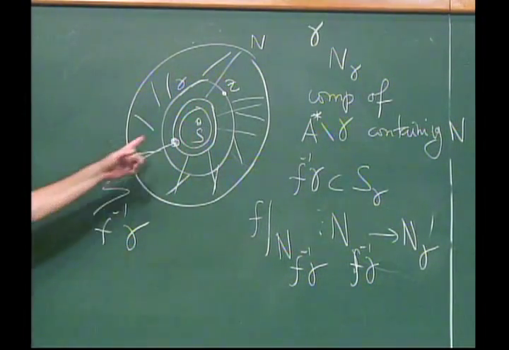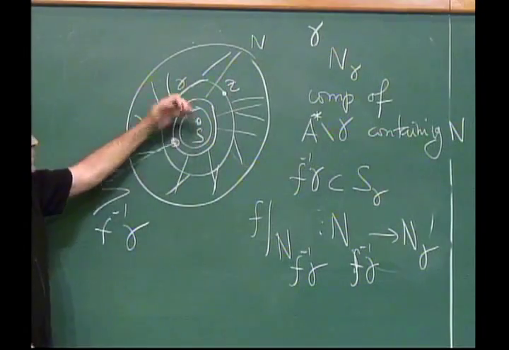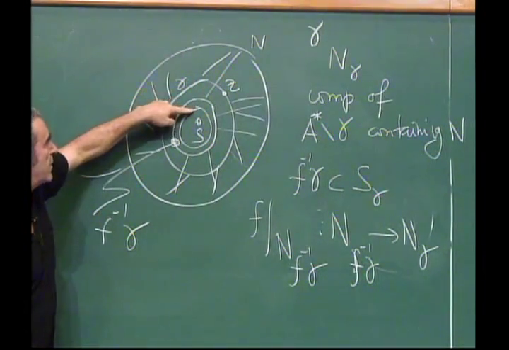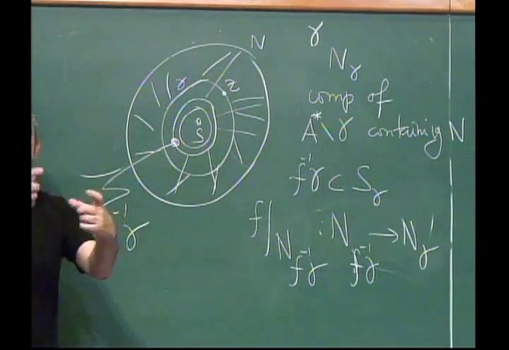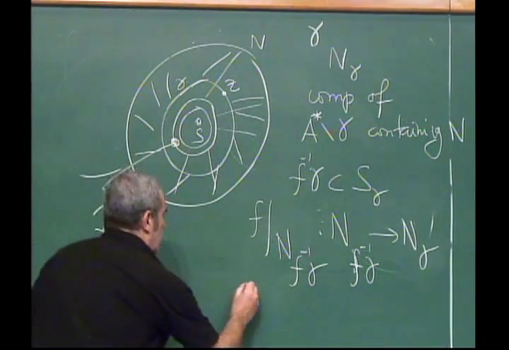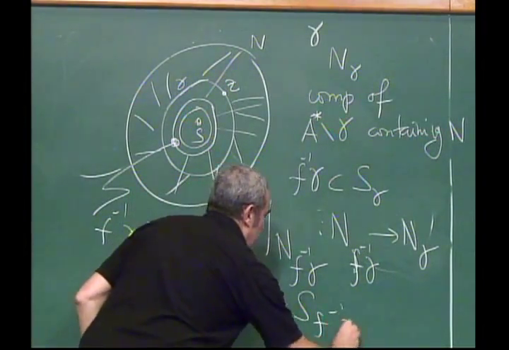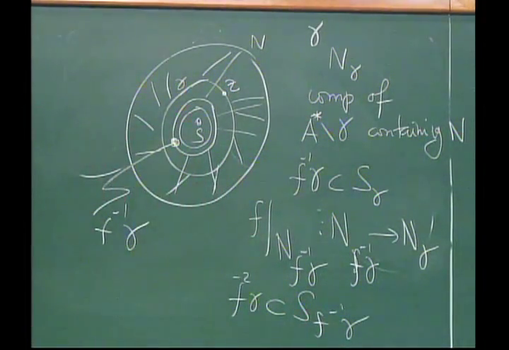The preimage of this curve must be here because the image of all of this is this one. F^-2 of gamma is thus contained in the south of f^-1 of gamma.